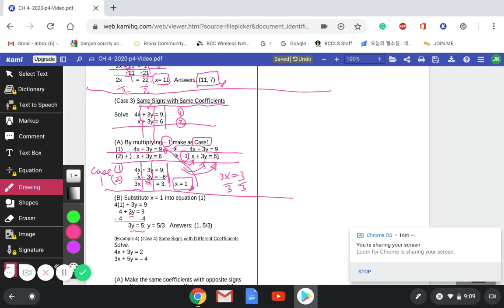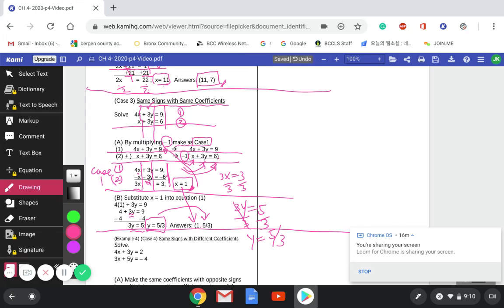So 3y equal 5. When you have 3y equal 5, you divide both sides by 3 to solve for y. So y equal 5/3. So x value was 1 and y value is 5/3. So that's the third case.